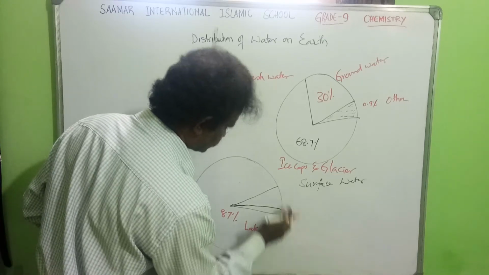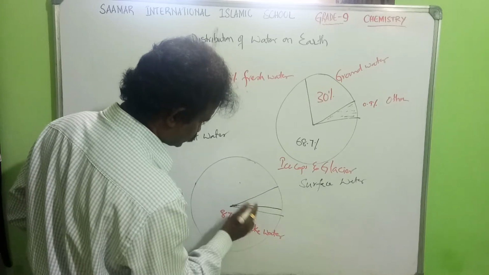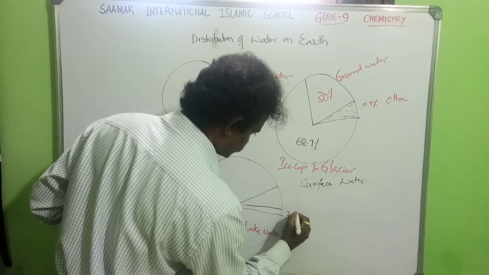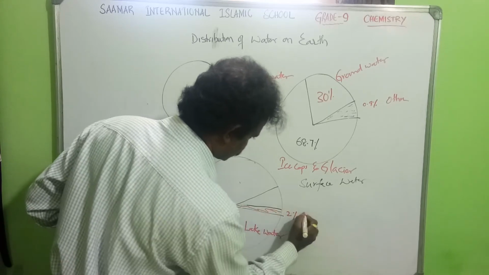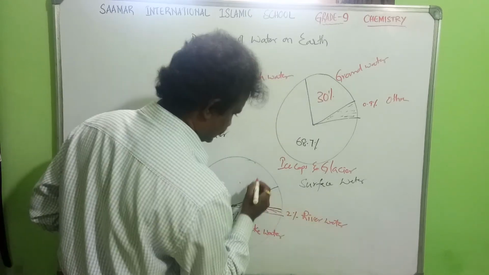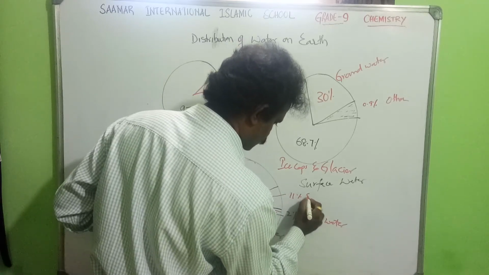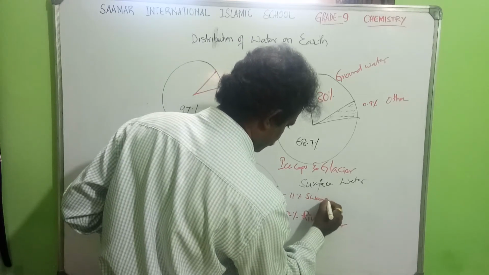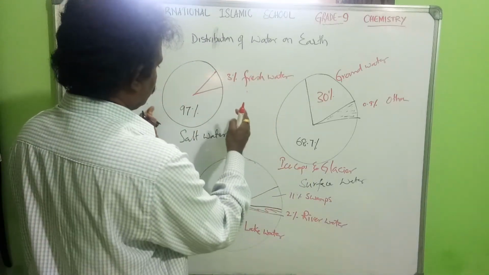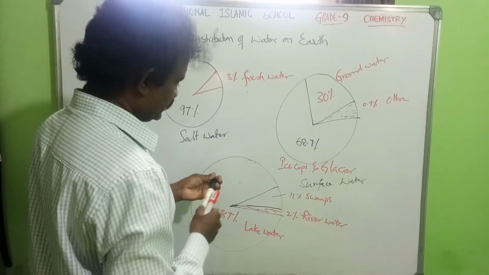I am just zooming like this, comparing one by one. So here 2% is river water. Is it clear? And here 11% is swamps. Clear? So this is how the water is distributed on the earth.